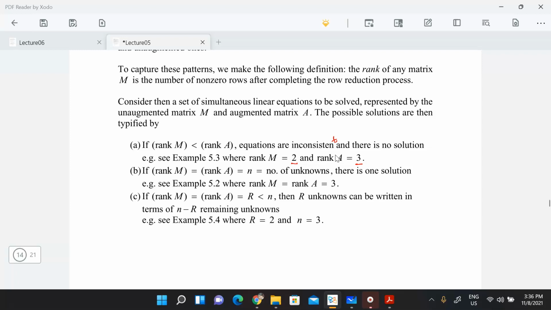If the rank of M equals the rank of A, and this rank is equal to the number of unknowns, meaning x, y, z, for example, is 3, or if there are more variables then your number n will be bigger than 3, then if that happens, you have a unique solution. So the case that we have seen earlier was rank M equals 3 and rank A equals 3.